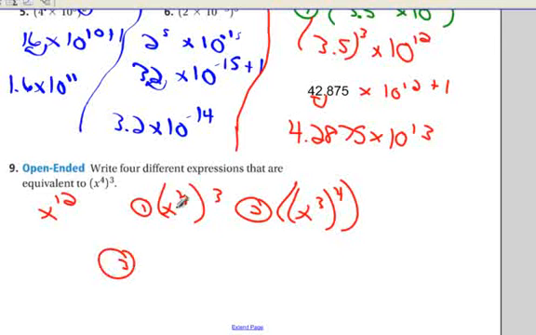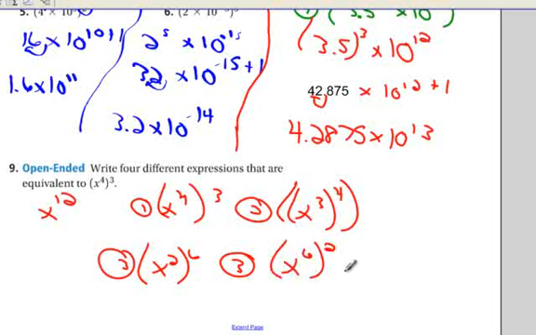3. Alright, so I need the product, these two things being multiplied together to give me 12. So what else could we use? X squared to the 6th, right? 2 times 6. I could use x to the 6th to the 2nd. Okay, so that would be number 4.